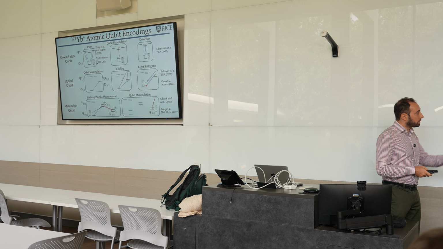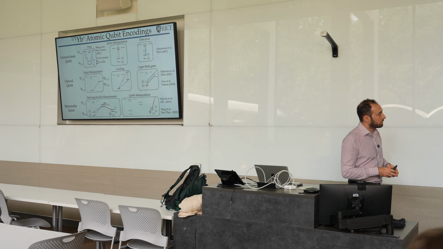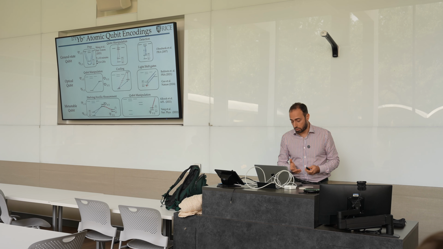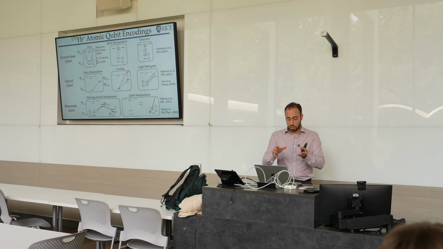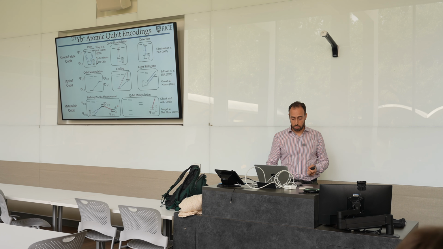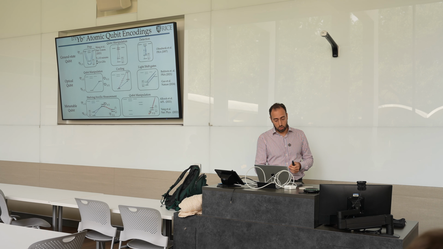For the metastable qubit, you also have additional degrees of freedom. In ytterbium, this state lives 1.5 years, so it takes a very long time. You can transfer the information there coherently, which is what we're working on right now, or you can do some manipulation in the metastable qubit.